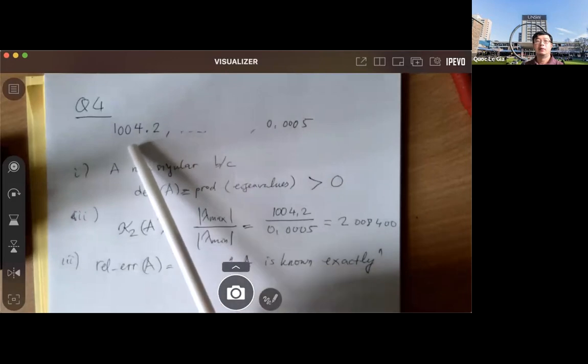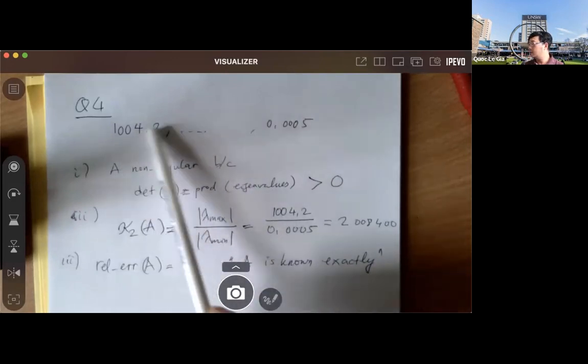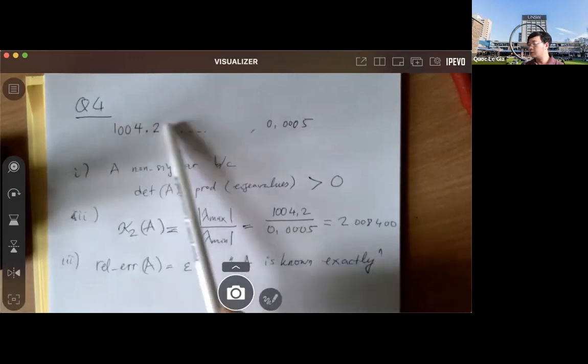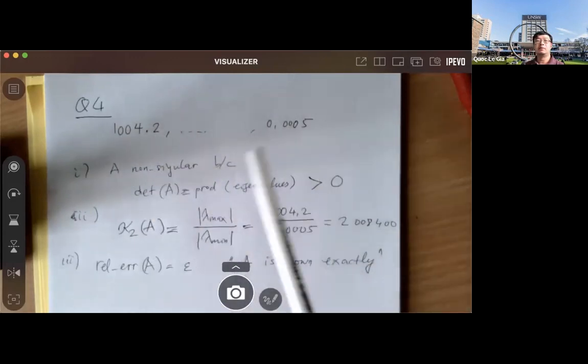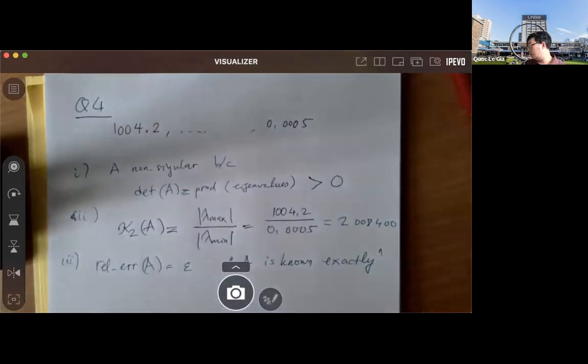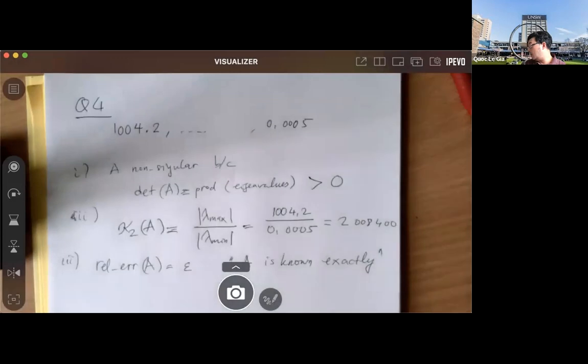So you can say there are still some errors with respect to machine errors, because you cannot do anything about that. Yeah. Okay, so now the condition number, we agree on that.